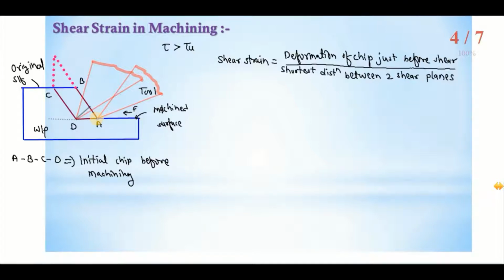When we apply the force at the shear plane, the deformation is taking place, and due to that deformation the chip is formed at this shear plane and it is removed. So here FE, C and D, that is this FE, C and D, there the deformation is taking place. So this FECD is given as the final chip after deformation.